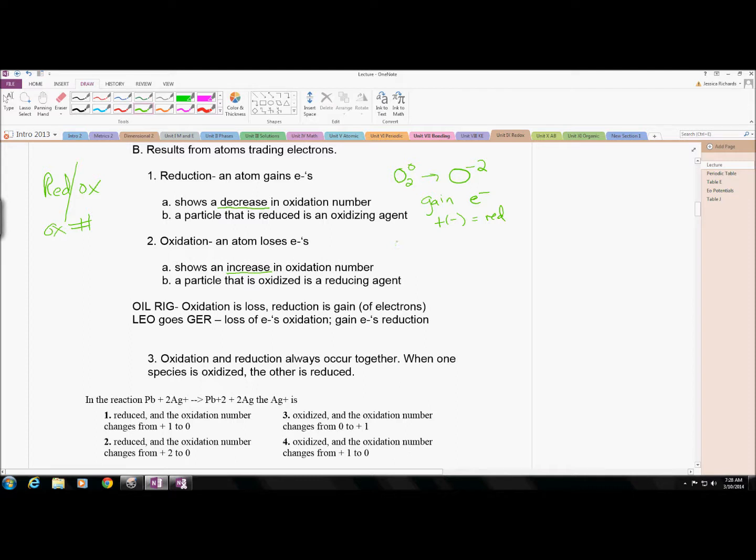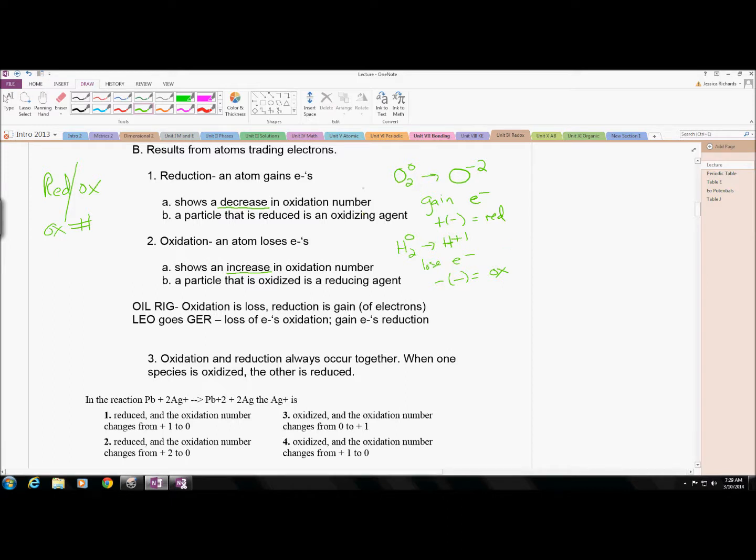So if we have hydrogen and he becomes +1 ions, we have increased the oxidation number. He has been oxidized. How do you go from 0 to +1? You have to lose negative electrons. Remember, if we're subtracting negative electrons, the number is going to go up because electrons are negative.